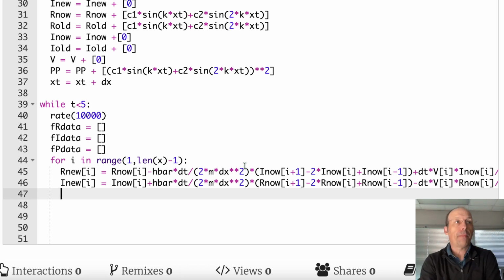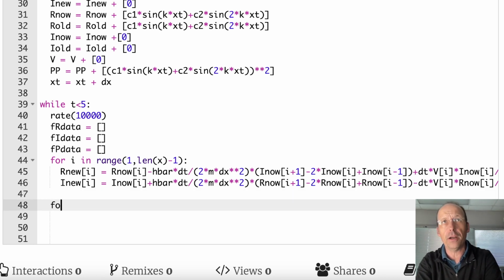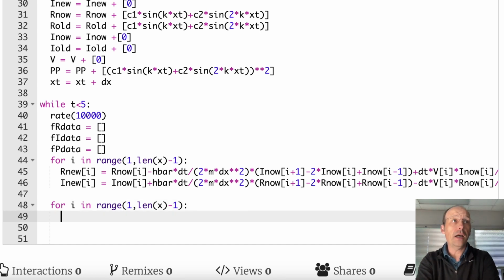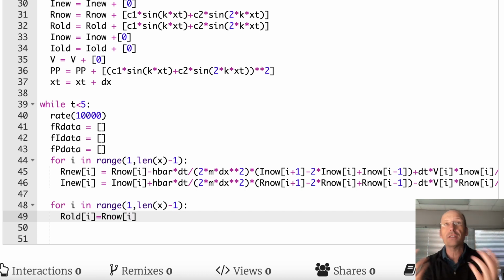Now what do we need to do? So now I want to take my old values and move them to new values. I'm going to go through the list again, which I don't have to do, but I like to do a separate list because it makes me feel better. For i in range 1 to length of x minus 1. I was going to say R old i equals R now i, moving my old values to now, but I never use R old.